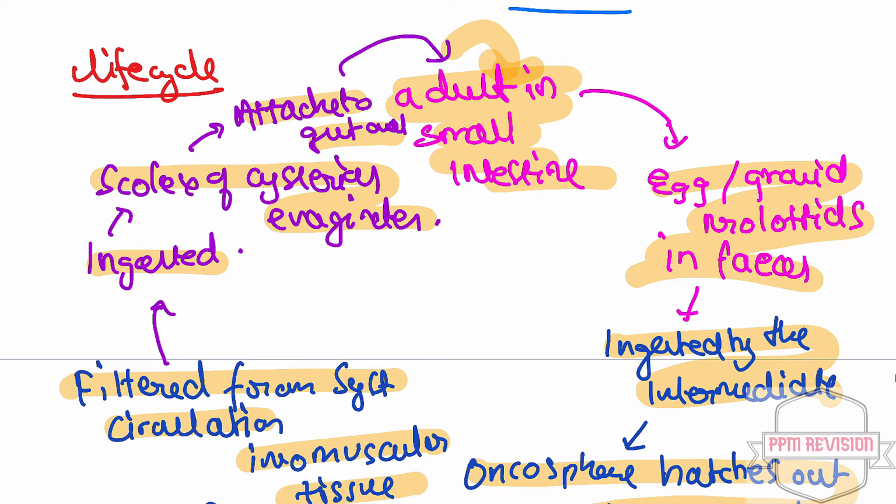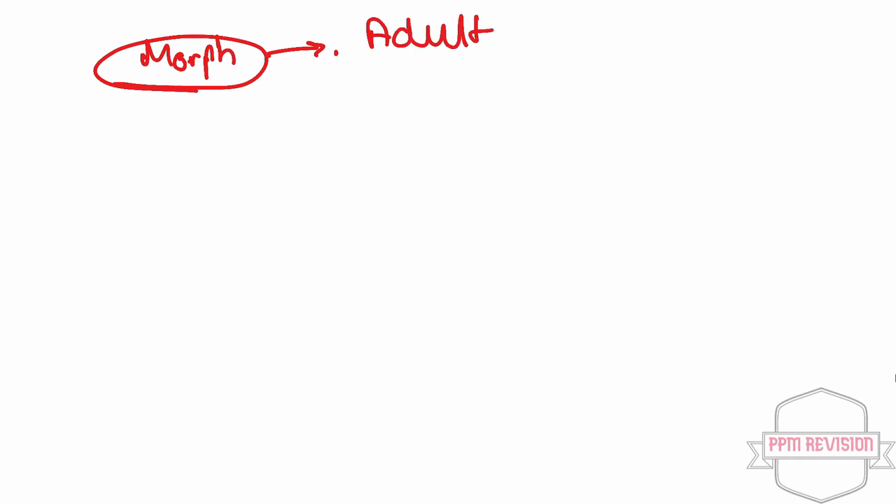Now looking quickly at some morphological features. Morphology. Here we are seeing some hooklets and suckers. Looking at the adult worm, these values we might want to know.